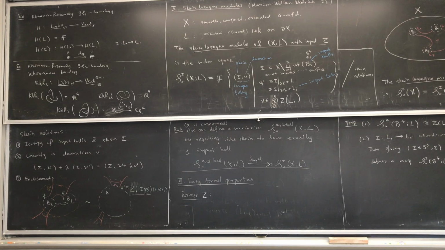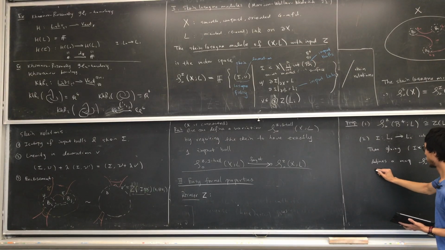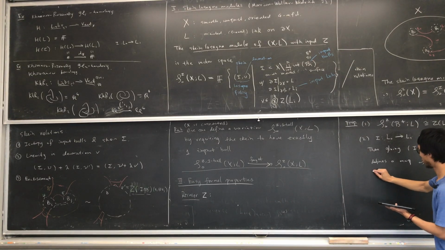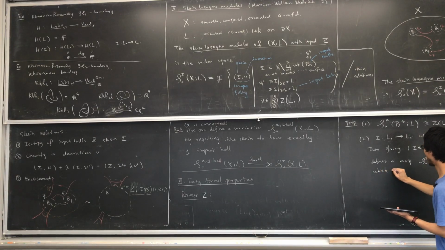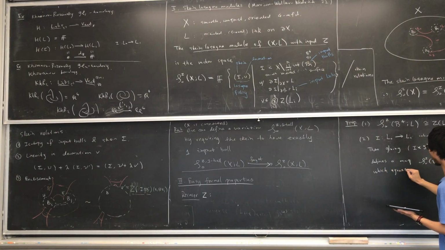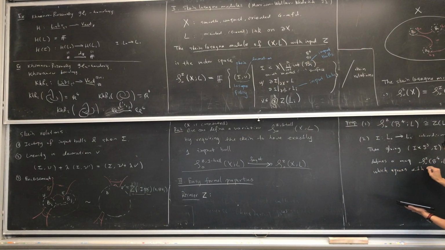And you can check easily that all the skein relations that hold in this smaller B4 will also hold in the larger B4, more or less by definition. So you get this map. But this map agrees with Z of sigma under the identification in number 1.